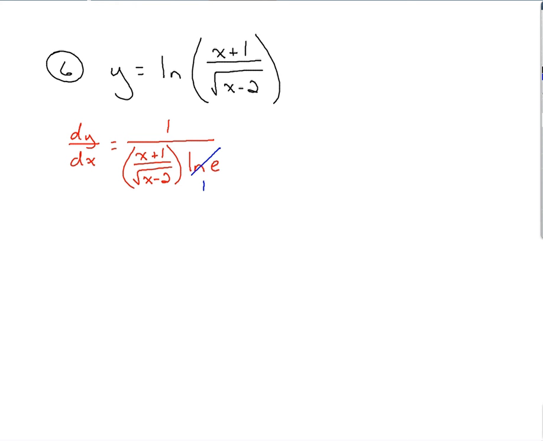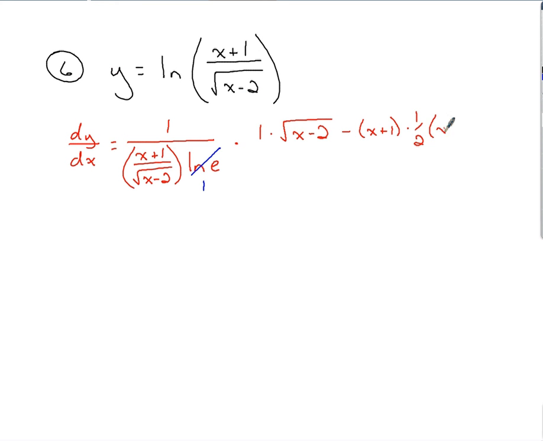Where we go from there, we tack on the derivative of the part that followed the logarithm. So this is the part that followed the logarithm. That's a quotient. Got to use my quotient rule. So I take the derivative of the top, which is 1, times the bottom, minus top, times derivative of the bottom, x minus 2 raised to the 1/2 power.